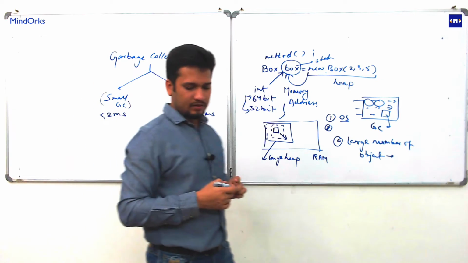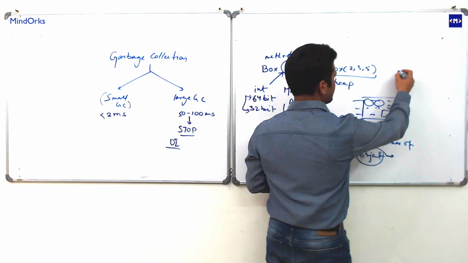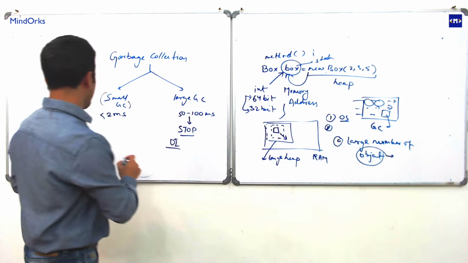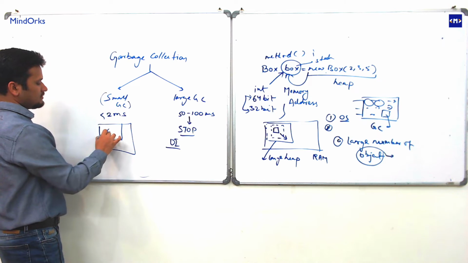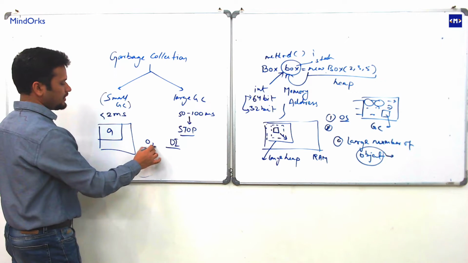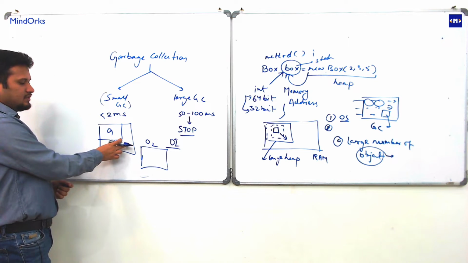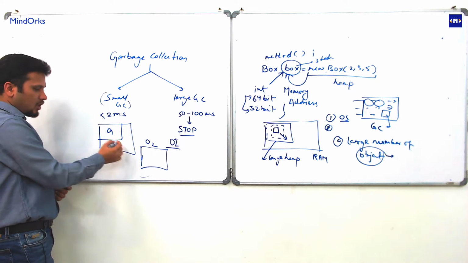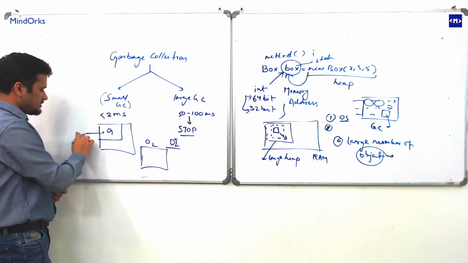Suppose this is your heap space and the object size is larger. You have object 1, and you want to create object 2, for example you want to fit this into this space. Now it cannot fit because the size is much larger, so it will have to run the large GC.